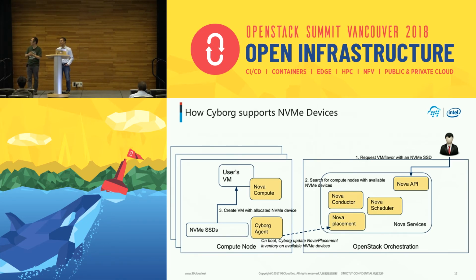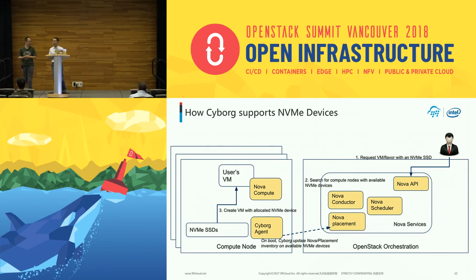For FPGA support, Cyborg is a good choice, and then we can extend the value to some other devices like QAT, like NVMe storage, and also for PCI SR-IOV devices. Cyborg can cover that also, though Nova has already supported SR-IOV a long time ago. I think this effort can make Nova more solid, more clean.